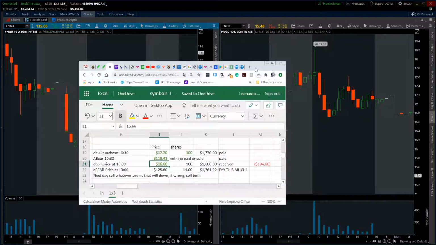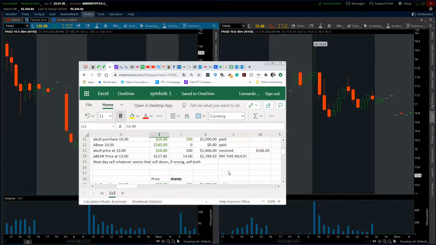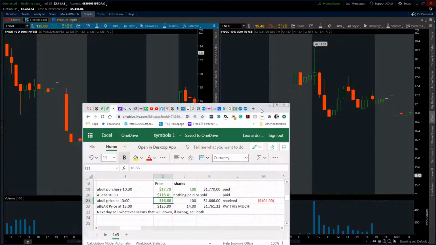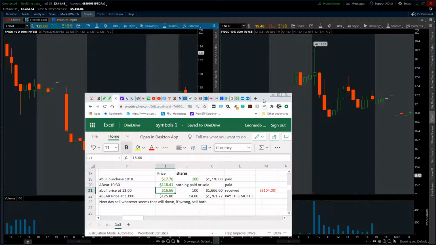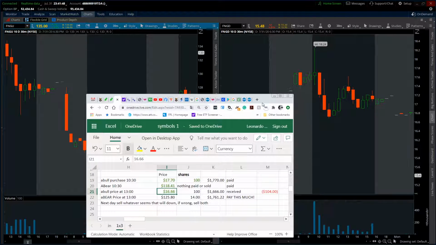Doesn't make any sense. What is this? I don't think I entered anything. Well, whatever. Let's say you go up there and you sell it between 126 and 127 or something. Around 127. Right here.